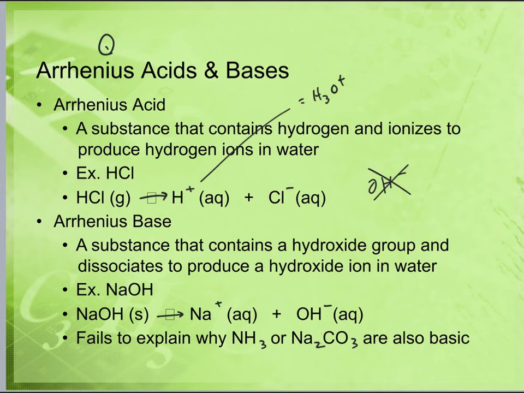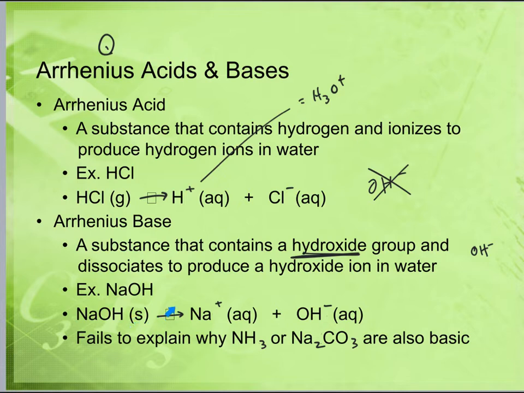A base, then, he says, is a substance that contains a hydroxide group and dissociates to produce a hydroxide ion in water. So this one's pretty easy because what are we looking for? We are looking for hydroxide in the formula. Okay, so the formula needs to have a hydroxide ion in it. The standard example here is NaOH. This is sodium hydroxide. And it breaks apart in water, right?